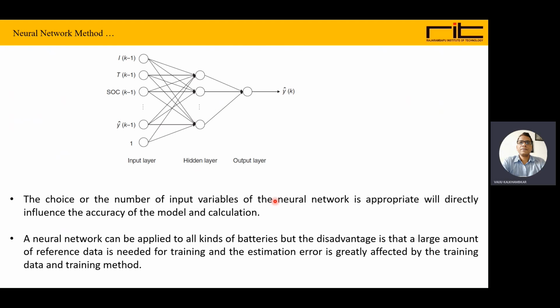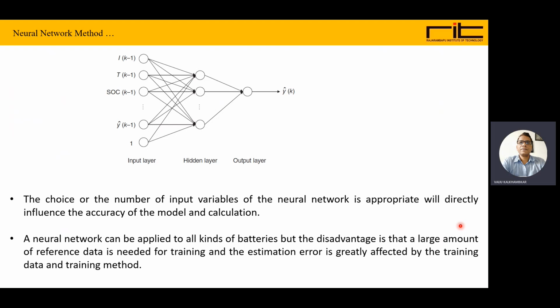So this is the neural network where there is an input layer, the middle one is the hidden layer, and the last one is the output layer. The choice or number of input variables of the neural network directly influences the accuracy of the model and calculation.